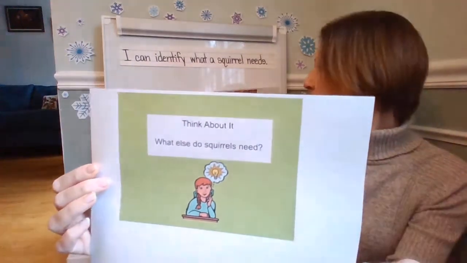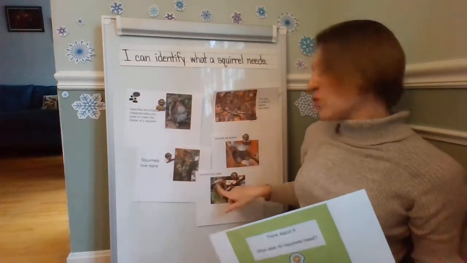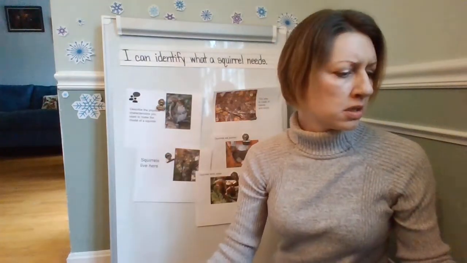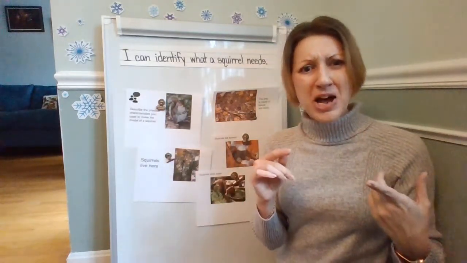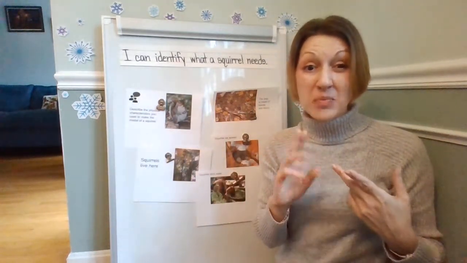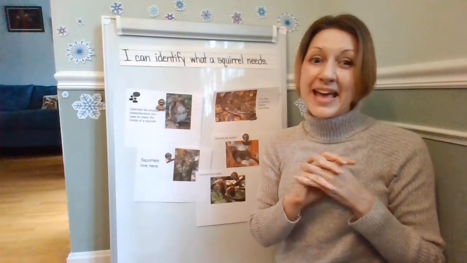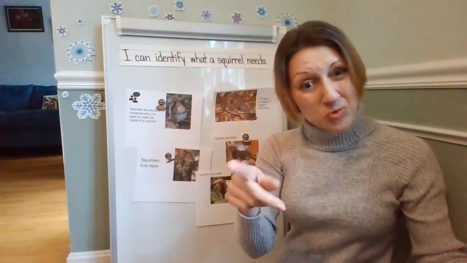Well, we know that they can live here. We know they eat acorns. They drink water. What else do squirrels need? Well, think about other animals. We've learned about ants and we've learned about pumpkins growing. They need space, right?